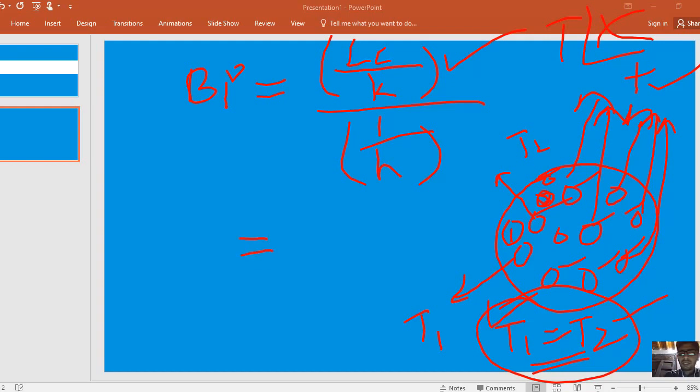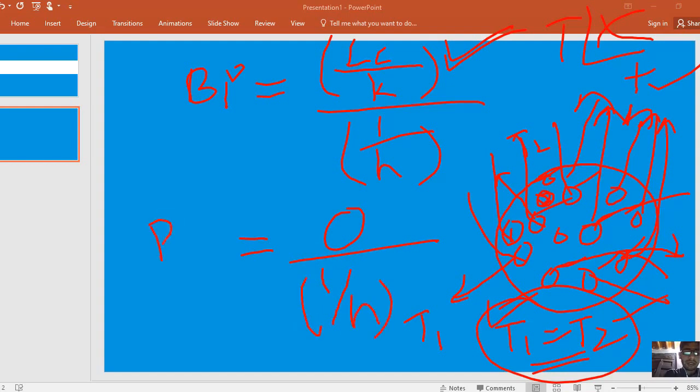So if the temperature at every point is the same, then there will be no resistance to the conductive heat transfer. So the resistance to the conductive heat transfer will be 0.